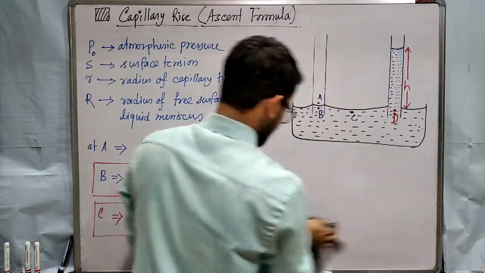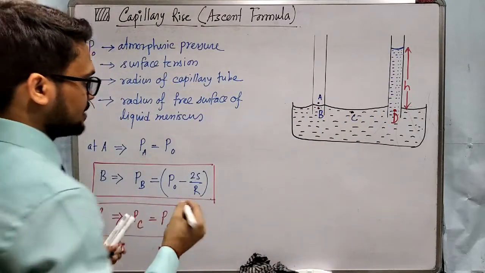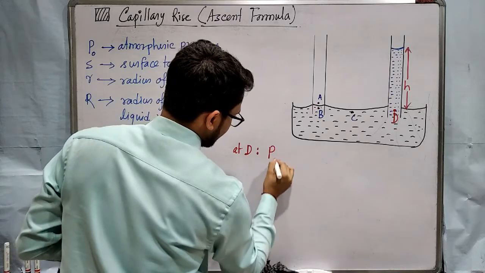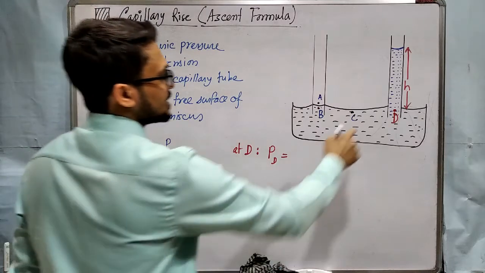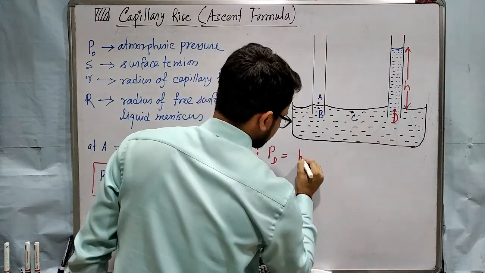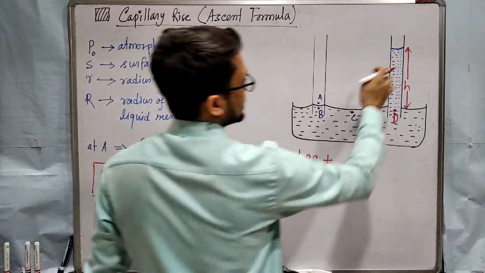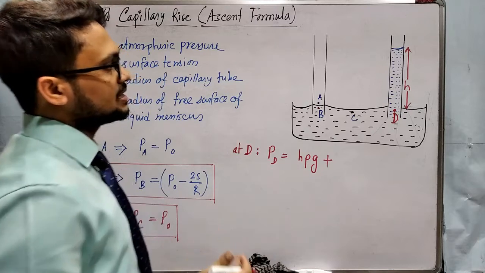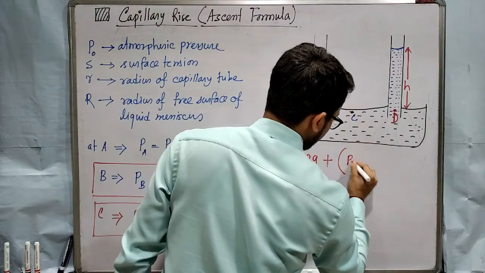So now what will be the pressure at D? PD will be the pressure due to this height, that is H rho G, plus the pressure just below the meniscus at the convex face. What is the pressure at the convex face?